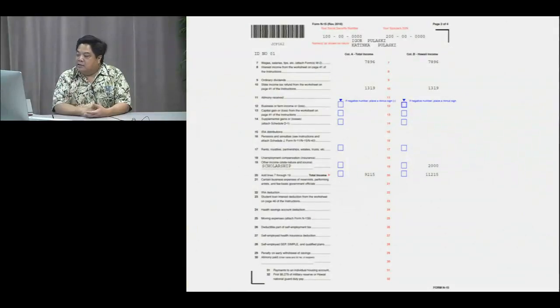On line 19, his own scholarship is $2,000. So that's why the Hawaii column B is bigger, because on the federal return, you don't need to add in the $2,000 because it's tax exempt. But Hawaii does not recognize tax treaty. So you put in the $2,000 on line 19 on column B. So it makes the total in column B bigger than column A.